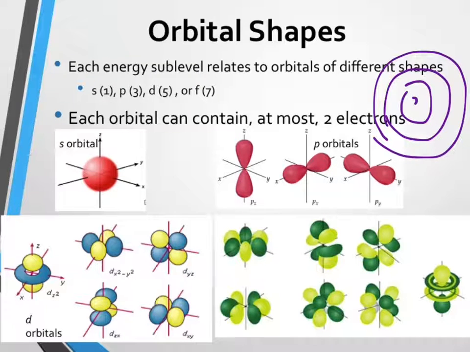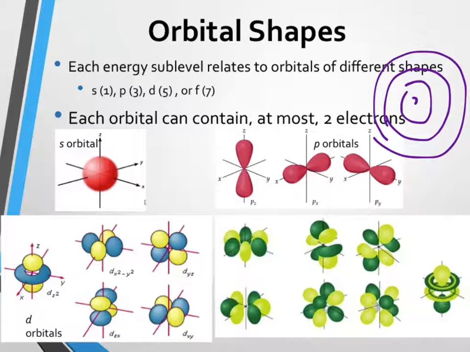So it has that sphere, and there are 2 electrons. For the S orbital, there's only 1 suborbital.